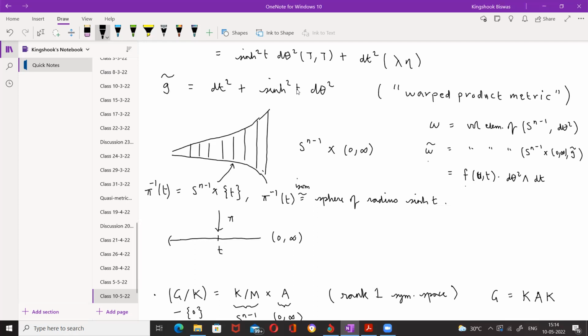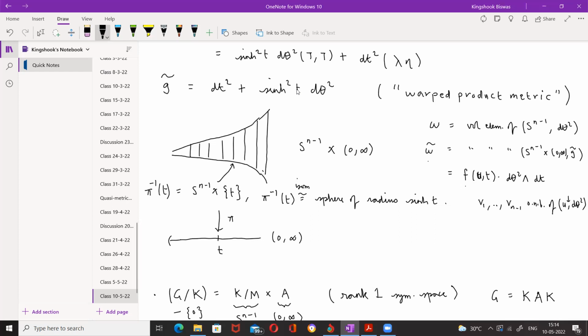Is that clear? The tangent space of a product is the direct sum of the tangent spaces. So if I take, let's say, v1 to v_(n-1), an orthonormal basis of u perp with the metric dθ², then at ut, what will my orthonormal basis be?